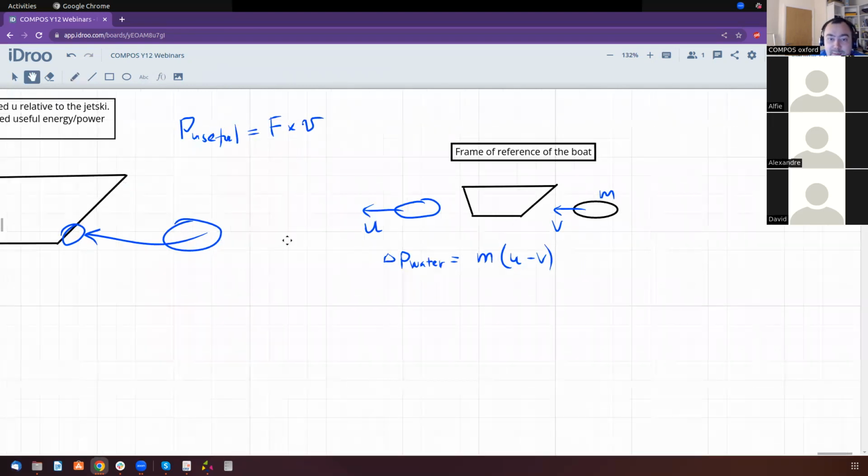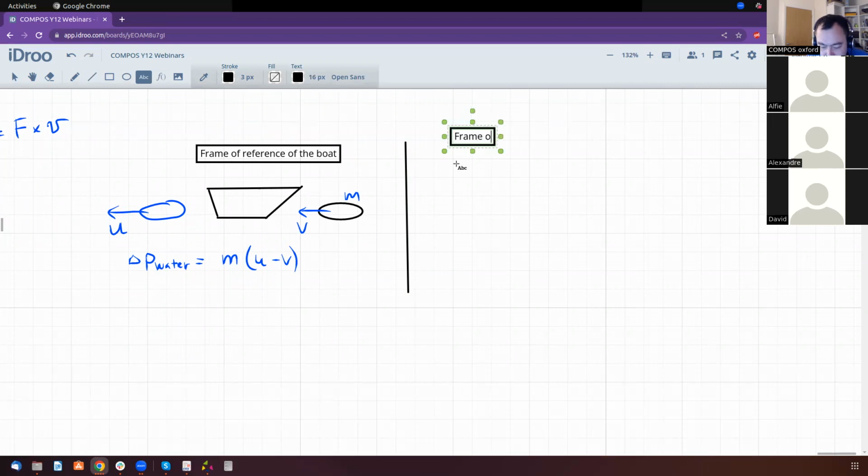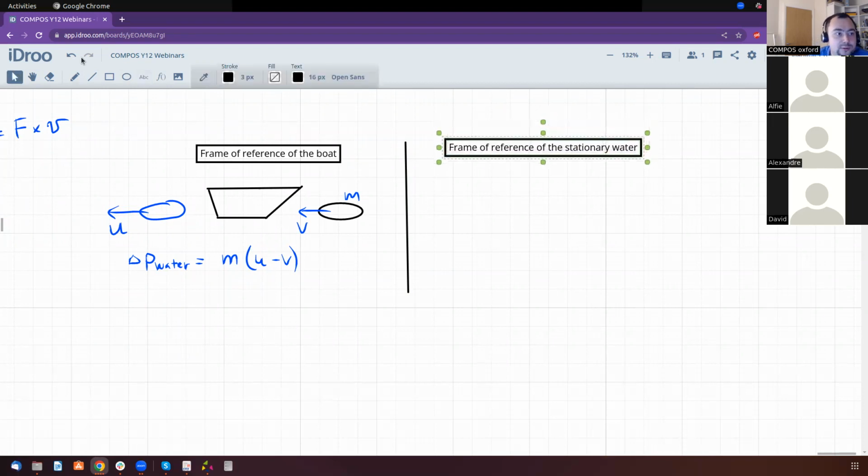Now, if you look at the same from the frame of reference of the stationary water, first, the water is stationary. The initial velocity is 0.